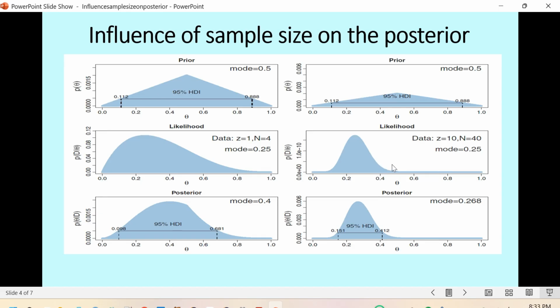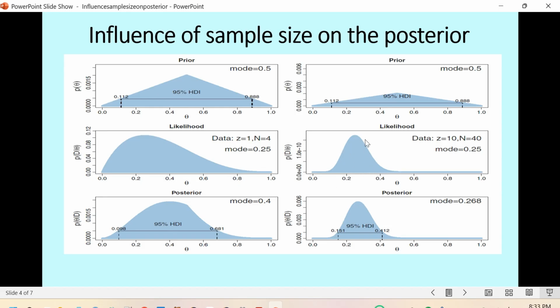And same as this one, but you can see here, because the data is relatively large, this likelihood has a high mode, not so flat, relatively peaked.